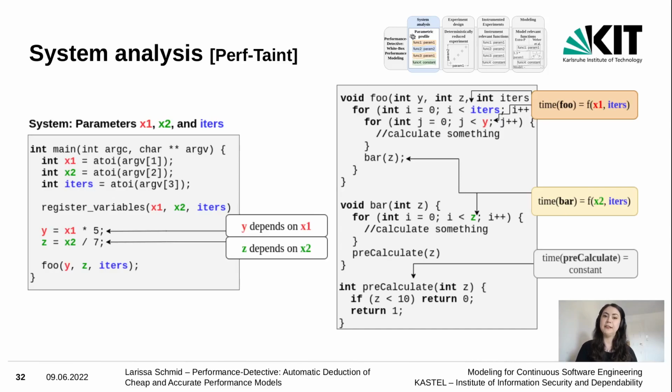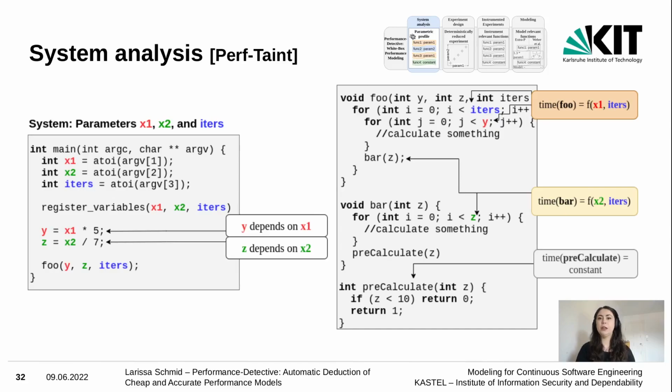And now the system analysis already tells us that the time of foo will depend on the input values of x1 and iter's, the time of bar will depend on x2 and iter's, and that the time of precalculate is assumed to be constant because there is no loop in it, which depends on the input parameters.